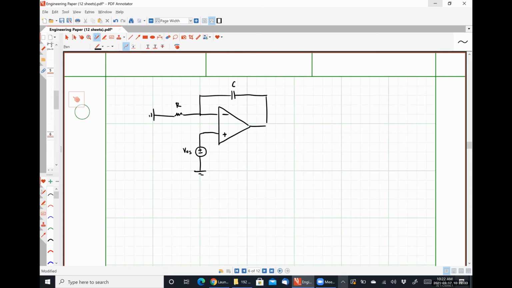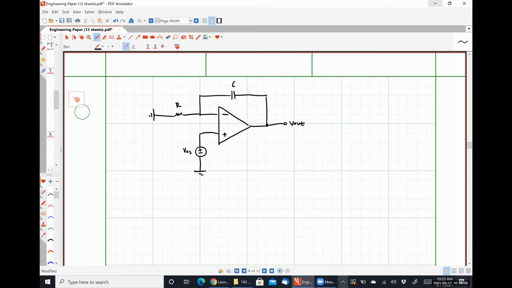I just want to see what the effects of an offset voltage do to an integrator. All right. So, anybody think about what my transfer function should be for this guy, or what my input-output voltage relationship should be? Now notice that our input signal, which is the offset, is being applied at the non-inverting input terminal, and everything that we derived was for something applied at the inverting input terminal.